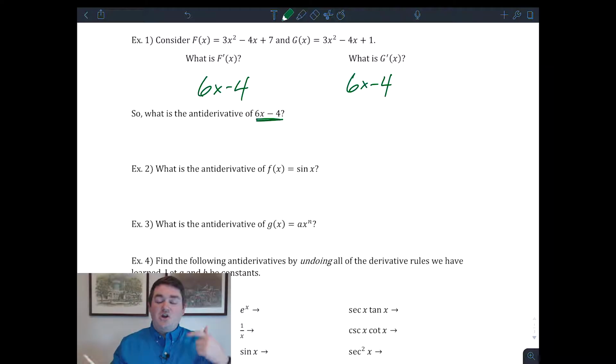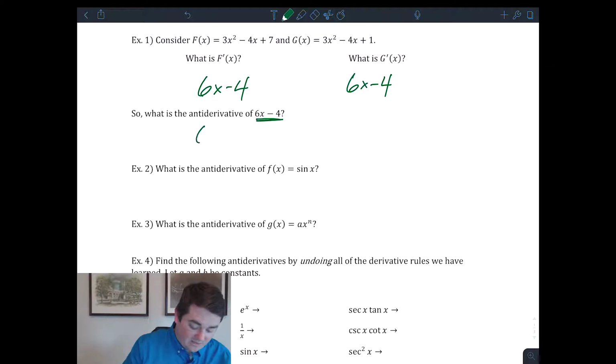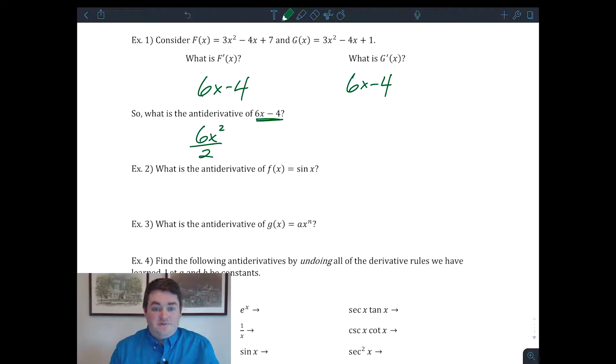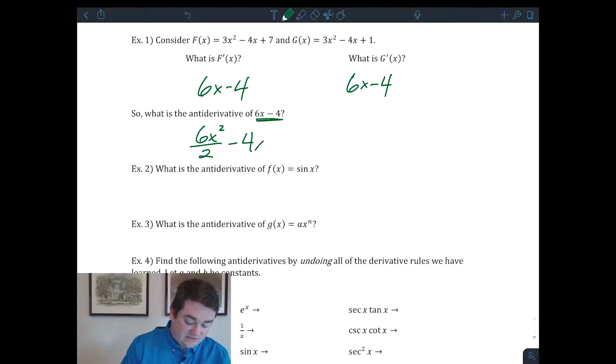So if I think about undoing the derivative of 6x, the power rule usually says you take the exponent, you stick it in front, and then reduce the exponent by 1. So now I'm going to take the exponent and increase it by 1, and then divide by my new exponent. Similarly with minus 4, the antiderivative of minus 4 would be minus 4x.